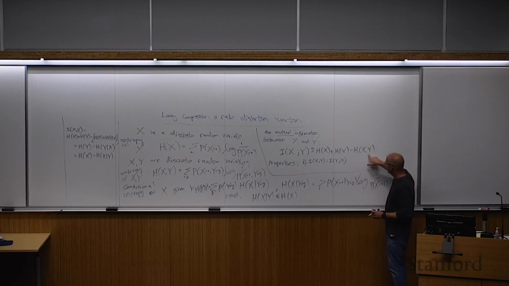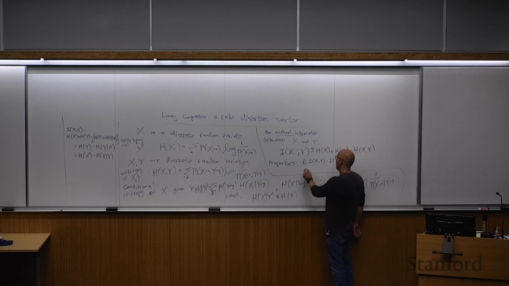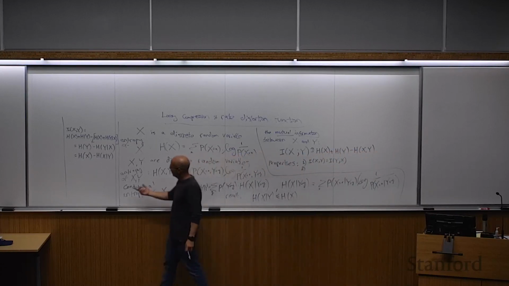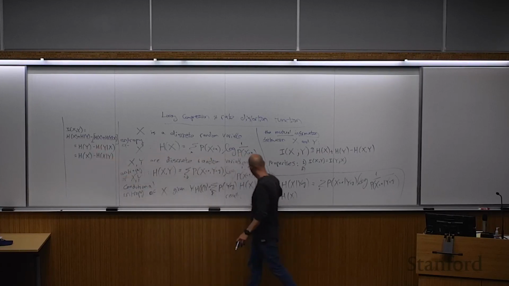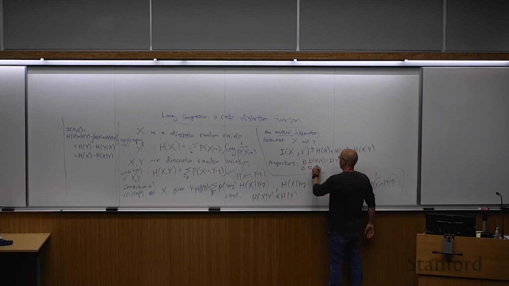So this too is invariant to the order between x and y, and therefore this whole thing is invariant. The second thing we can easily glean from these representations, taking into account that conditioning reduces entropy, is that the mutual information is always non-negative.